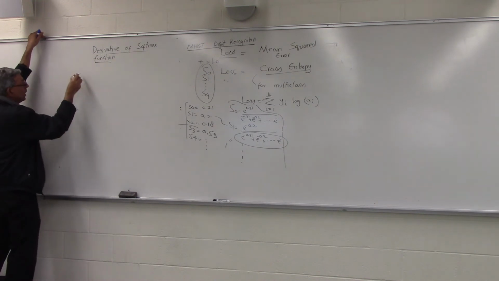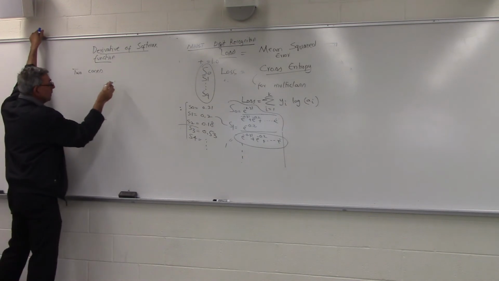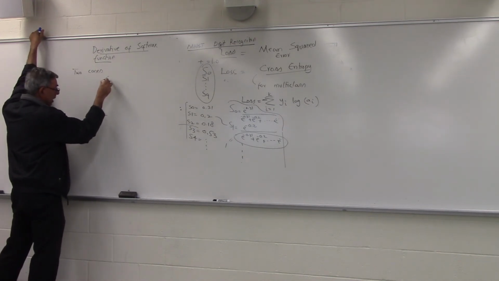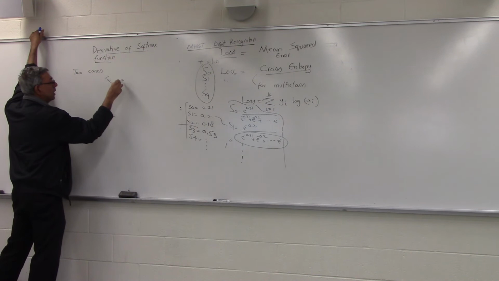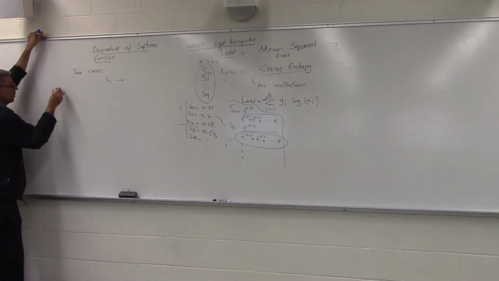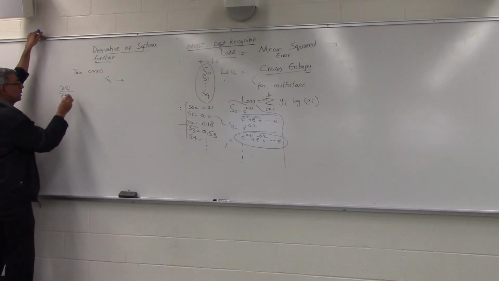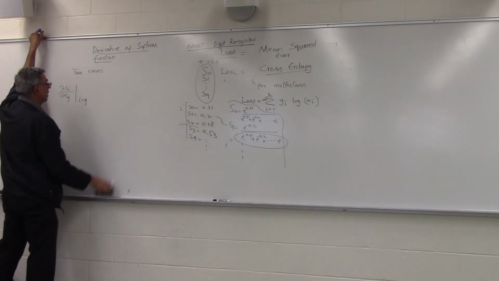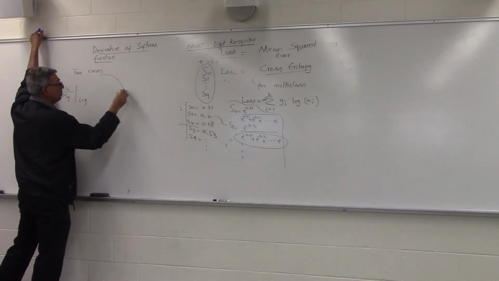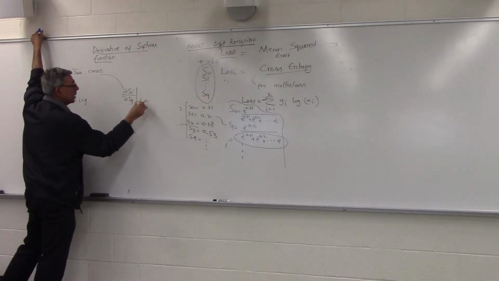So we have two cases over here. Remember Si is the input, and we will be taking the derivative with respect to Sj. So we'll take two cases: when i is equal to j, and the second case will be partial Si over partial Sj when i is not equal to j.